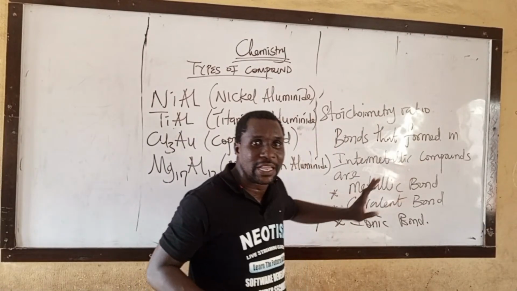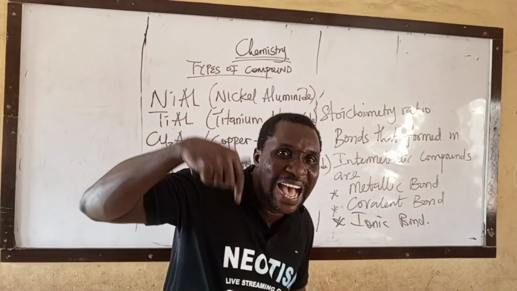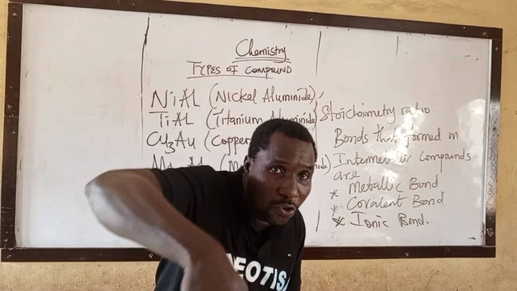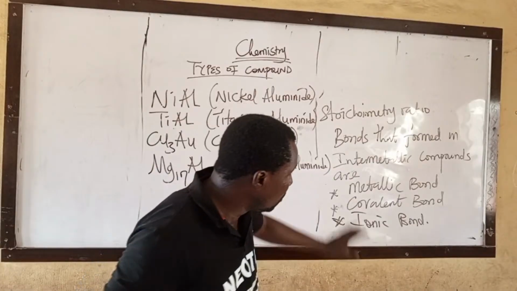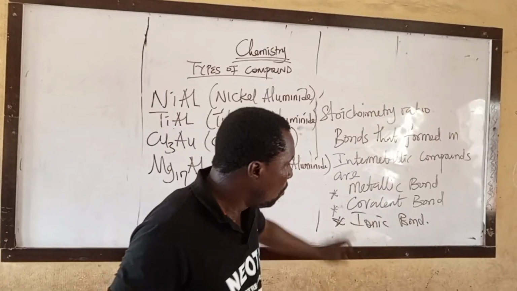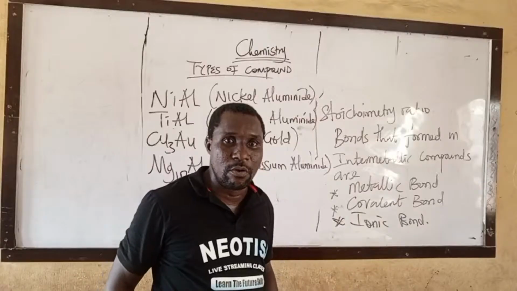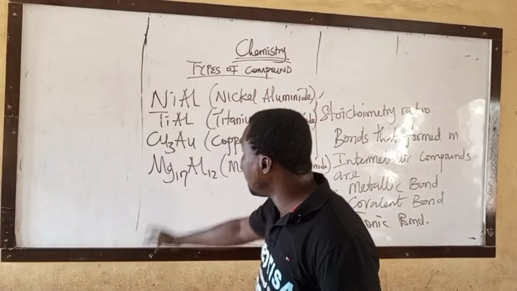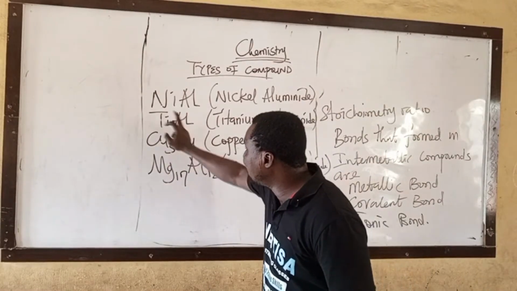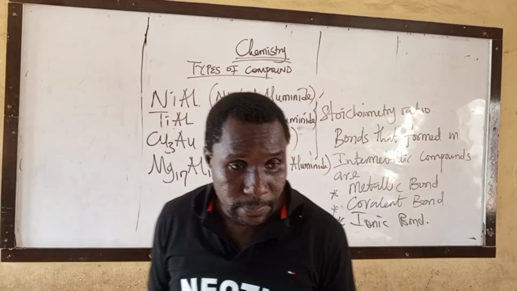Three of them can occur at once, or two of them can occur at once. Metallic bond alone can occur only in a metal. Take note. These are examples of intermetallic compounds: they are all metals combining together.